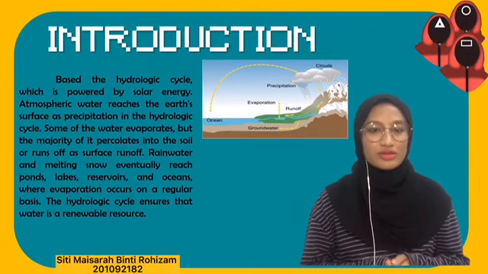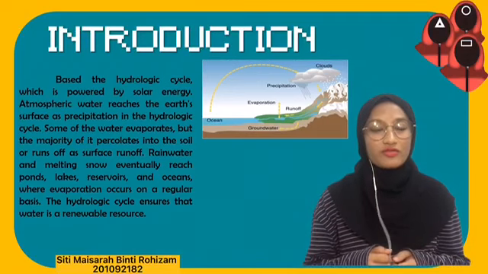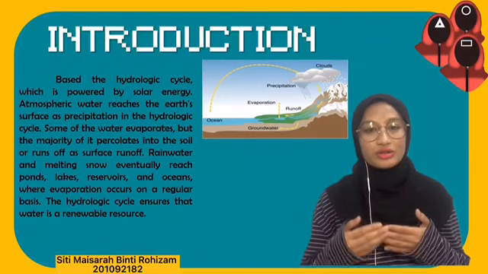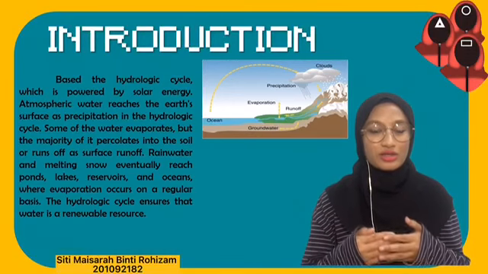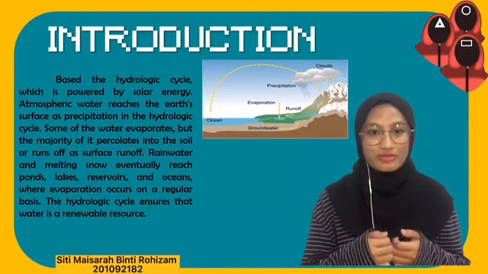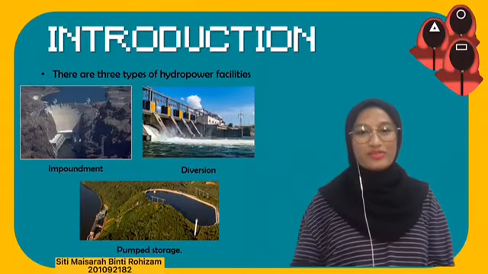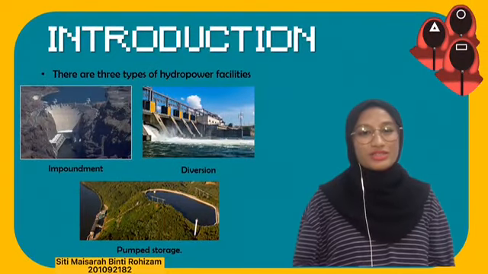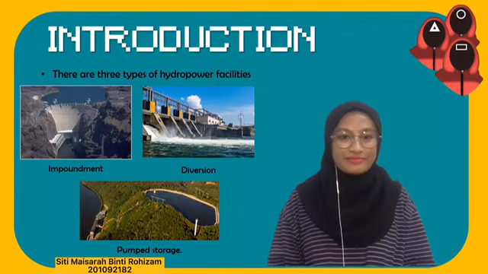When water and melting snow eventually reach ponds, lakes, reservoirs, and oceans, where evaporation occurs on a regular basis, the hydrologic cycle ensures that water is a renewable resource. There are three types of hydropower facilities, which are impounded, diversion, and pumped storage.